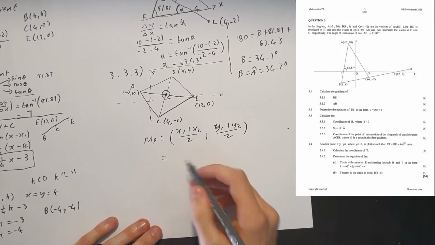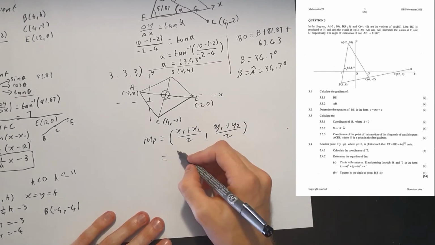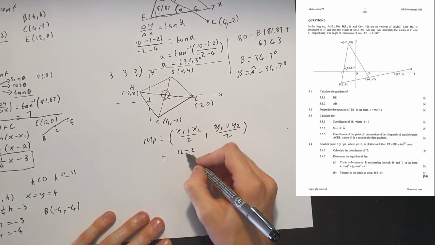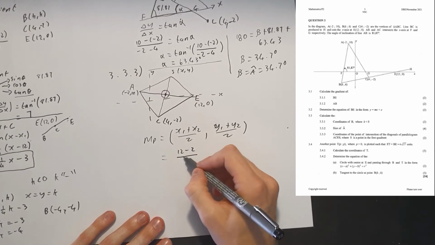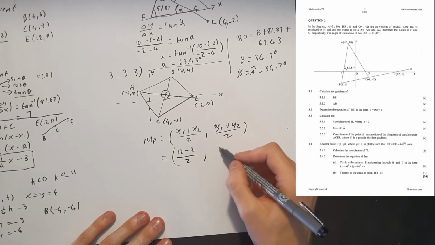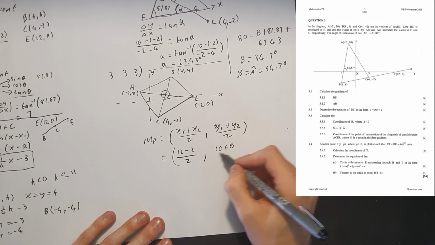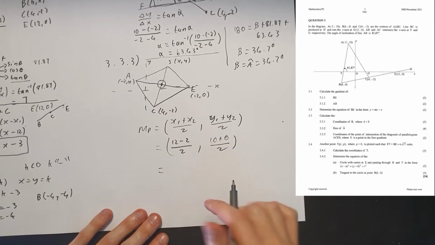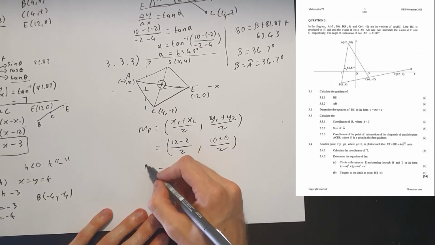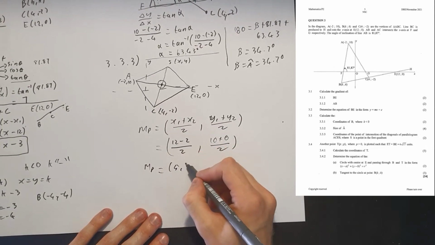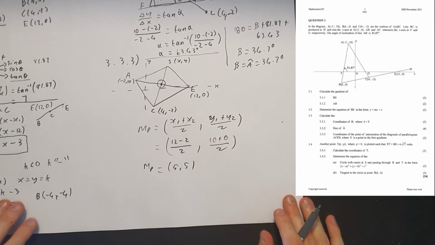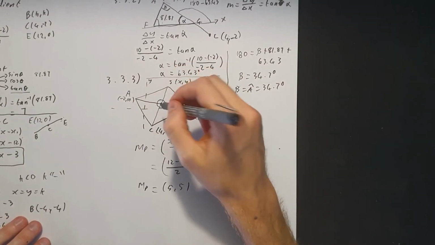If I substitute in those points, I'm going to have 12 minus 2 all over 2, and then 10 plus 0 all over 2. Therefore I get a final coordinate for the midpoint as (5, 5). Not too difficult over there. Draw the picture if you're not sure, it will help.